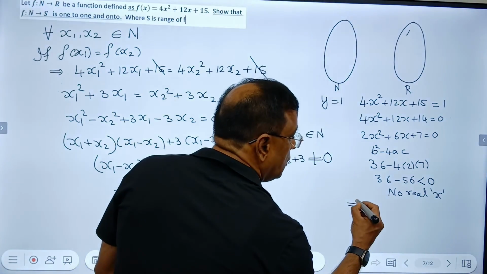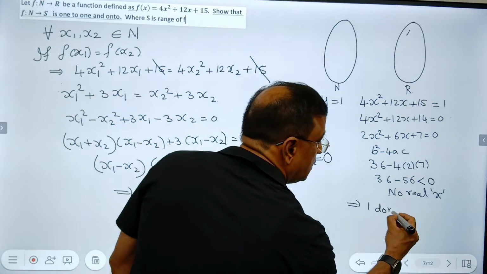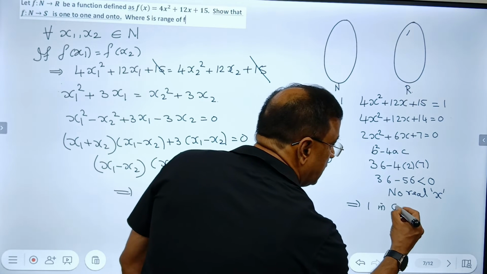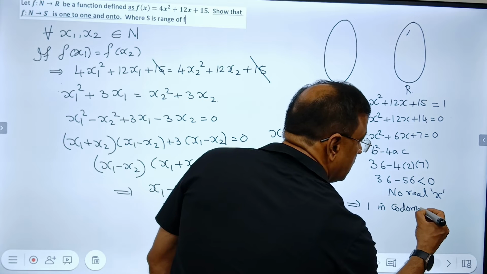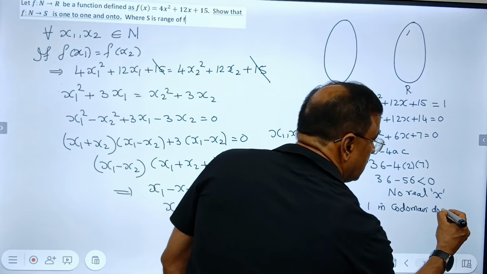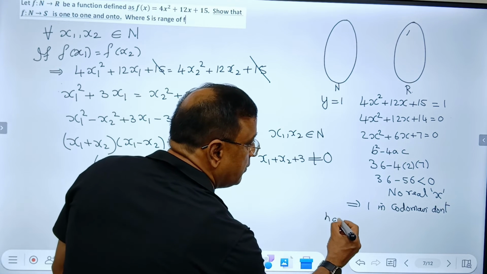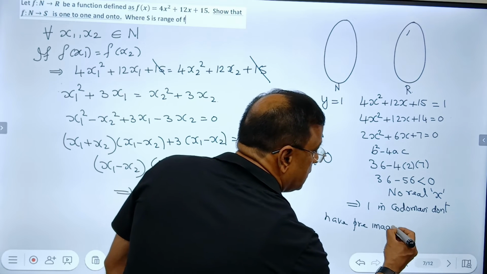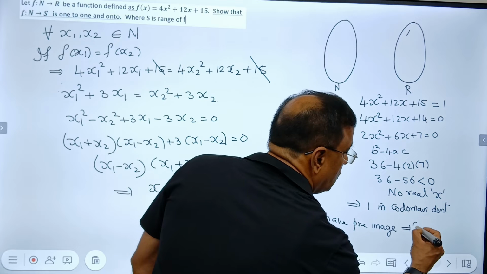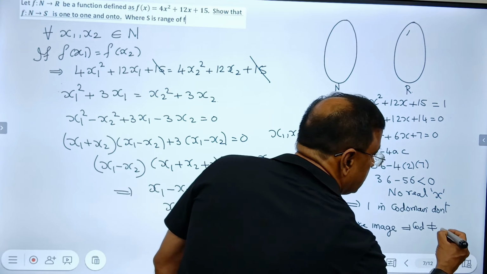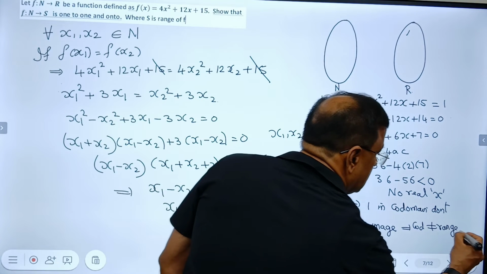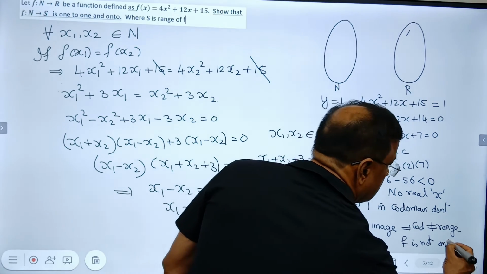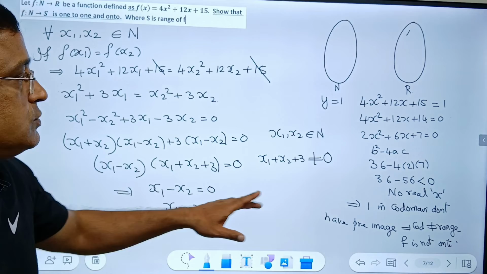This implies 1 in the codomain does not have a pre-image. This implies codomain not equal to range. Therefore f is not onto.